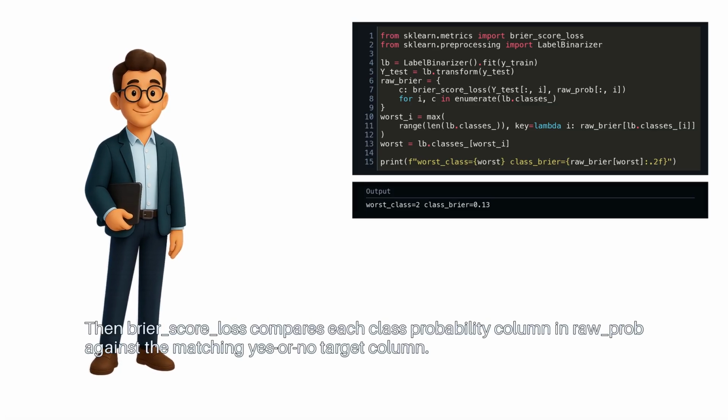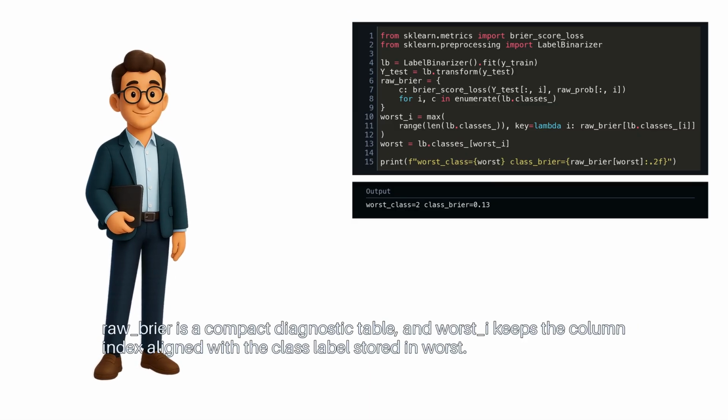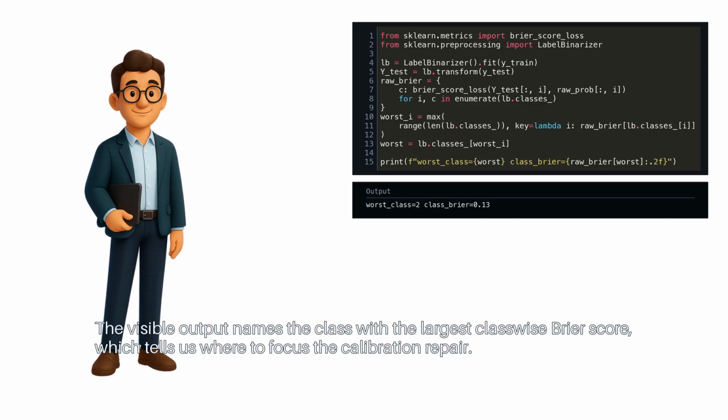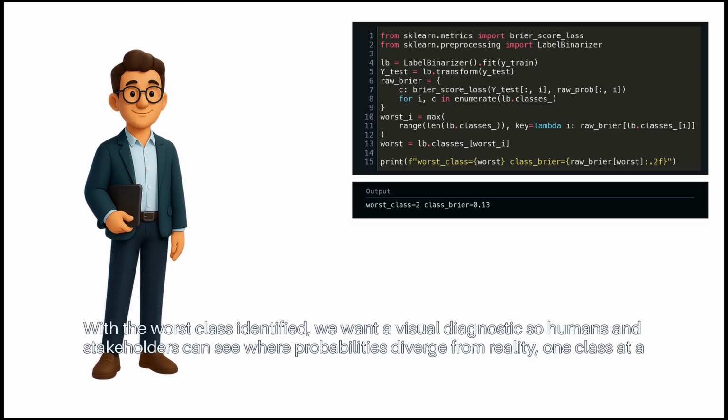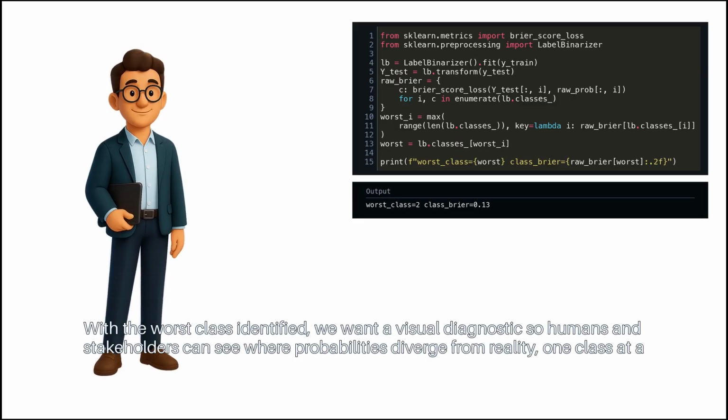Then, brier_score_loss compares each class probability column in raw_prob against the matching yes or no target column. raw_brier is a compact diagnostic table, and worst_i keeps the column index aligned with the class label stored in worst. The visible output names the class with the largest classwise Brier score, which tells us where to focus the calibration repair. With the worst class identified, we want a visual diagnostic so humans and stakeholders can see where probabilities diverge from reality, one class at a time.